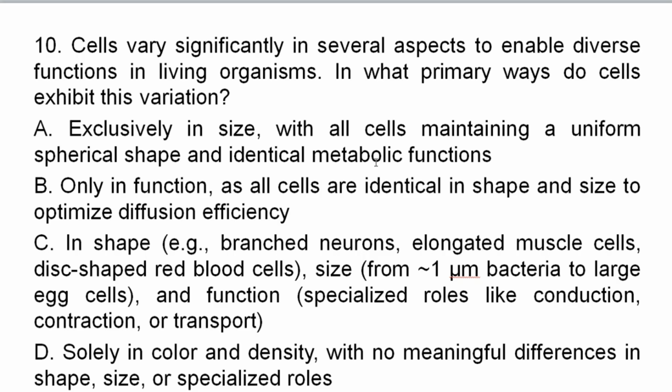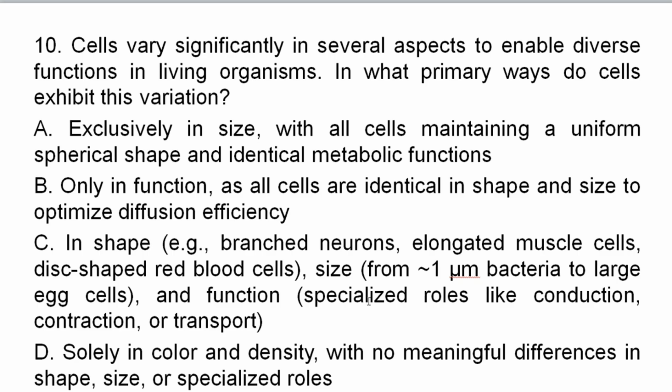Good, the correct answer is C. In shape, for example, neurons are branched, muscle cells are elongated, red blood cells are disc-shaped, and they also vary in size. For example, they vary from 1 micrometer in bacteria to large egg cells, for example, ostrich egg cells or chicken egg cells.